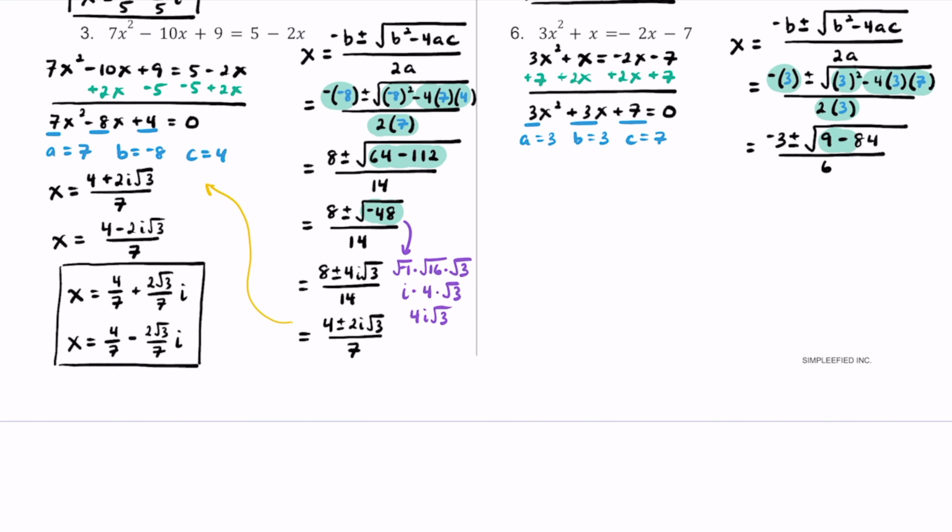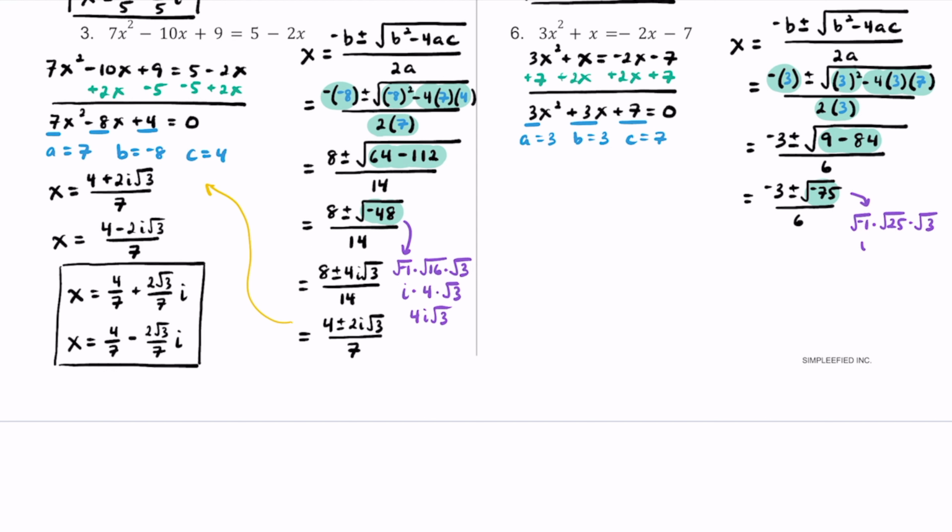Now simplifying this radical a little bit more, 9 minus 84 is going to be -75. So we're going to have -3 plus or minus the square root of -75, and that's going to be on top of 6. Now, can we simplify this radical? Sure, I think we have a perfect square inside here. So we should be able to break this into the square root of -1 times the square root of 25 times the square root of 3.